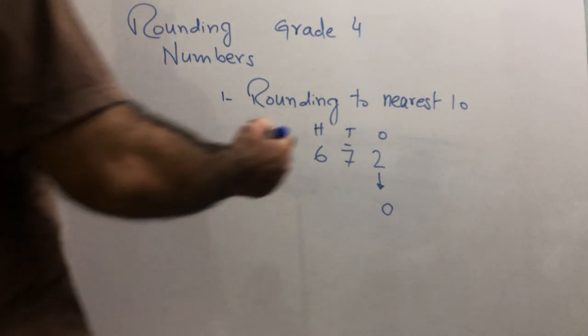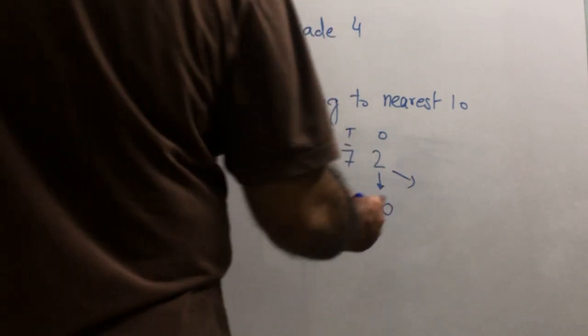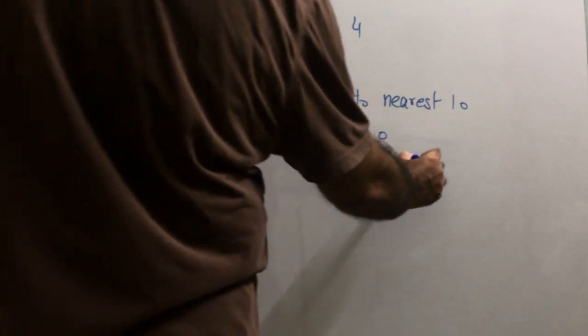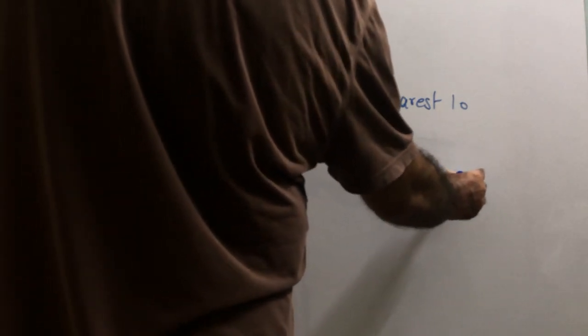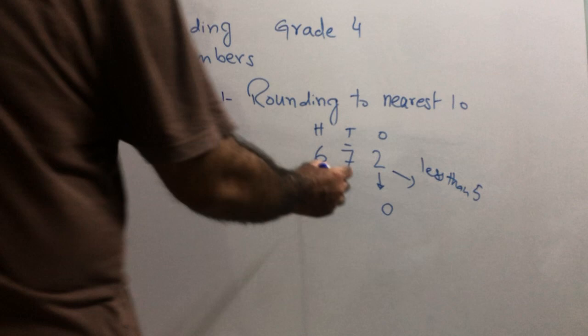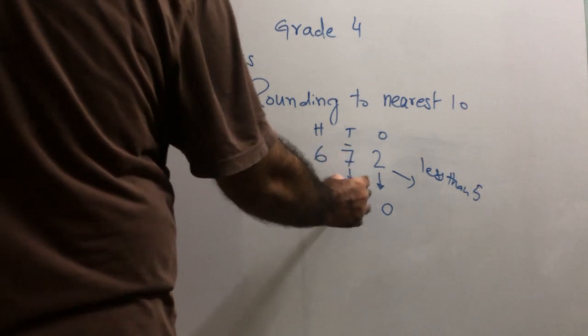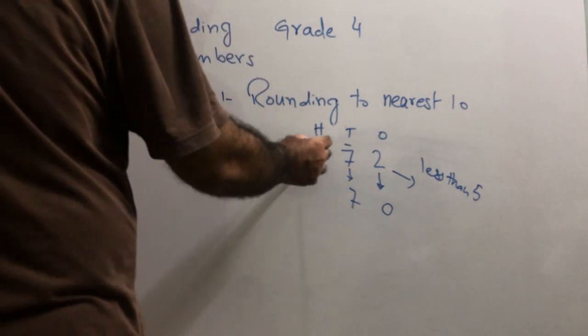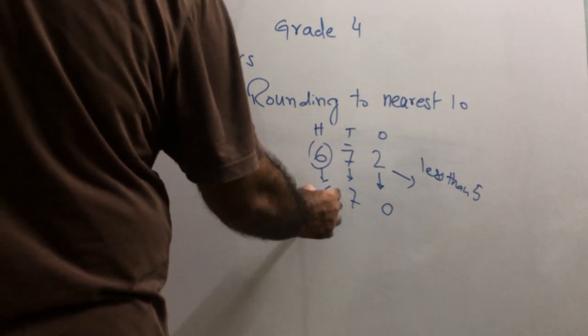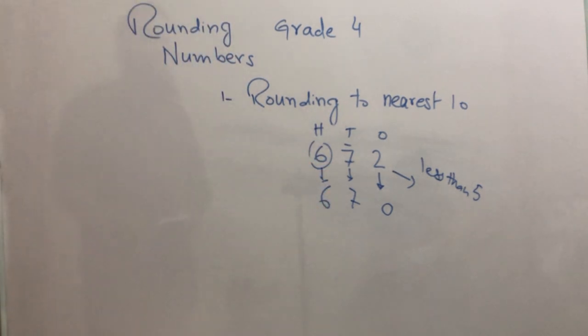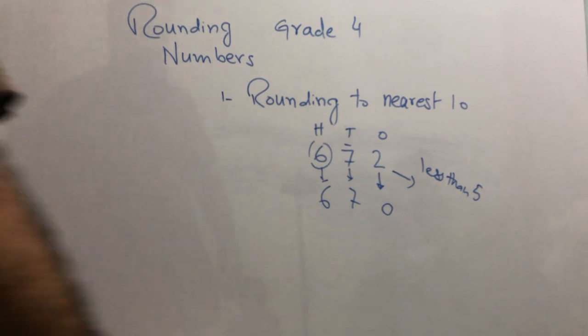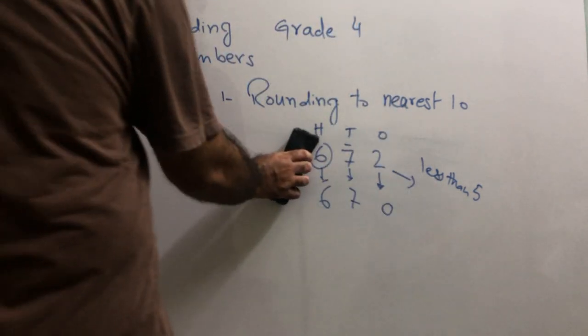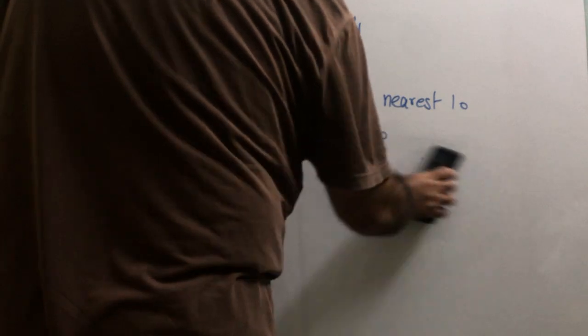The second thing is that the number on ones place is less than 5, so no change here, and the hundreds place, no change. So our answer is 670. So when we talk about rounding 672 to nearest 10, our answer will be 670.